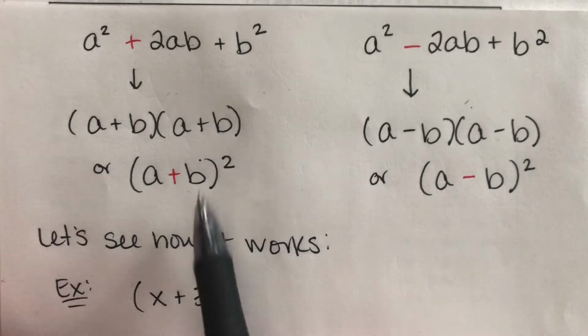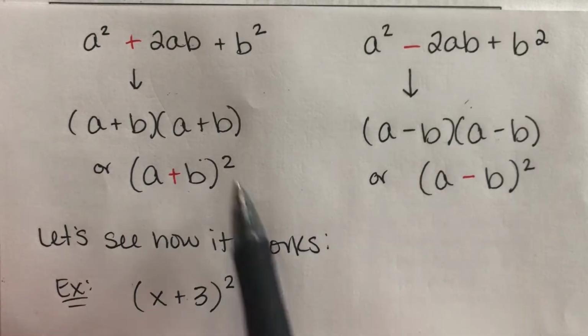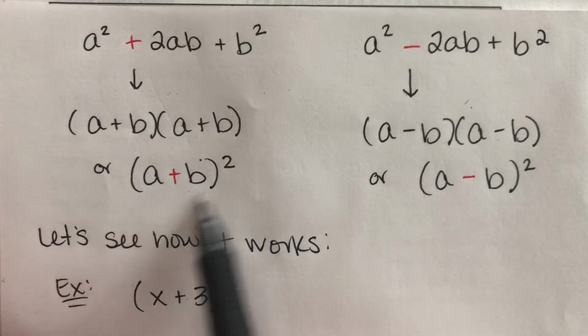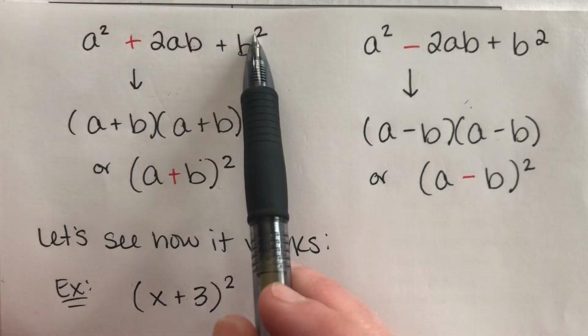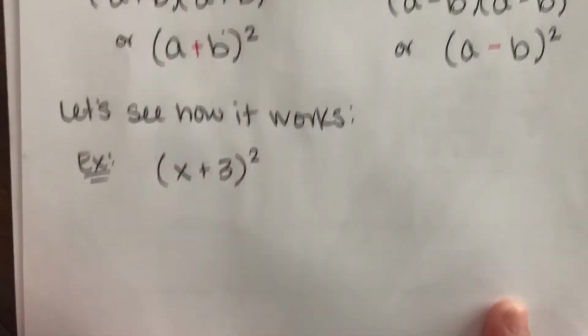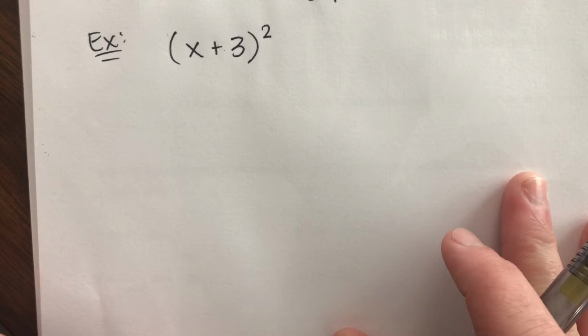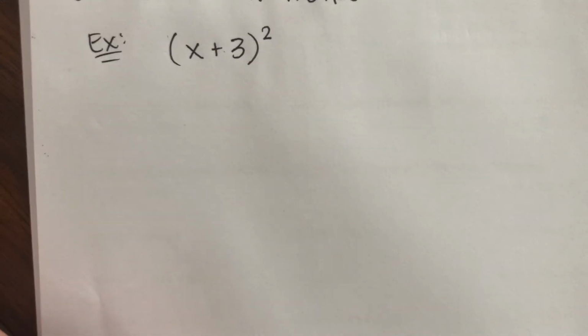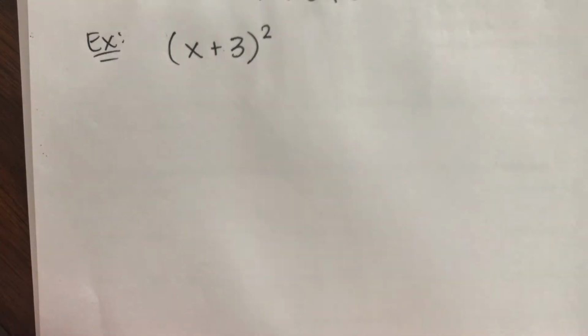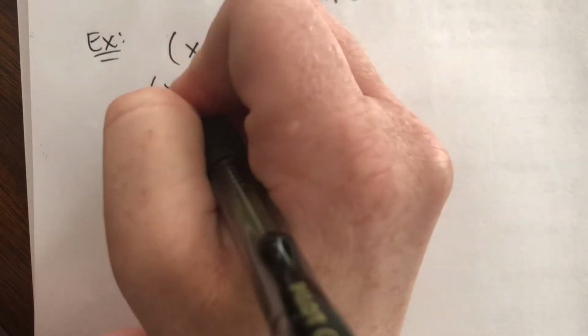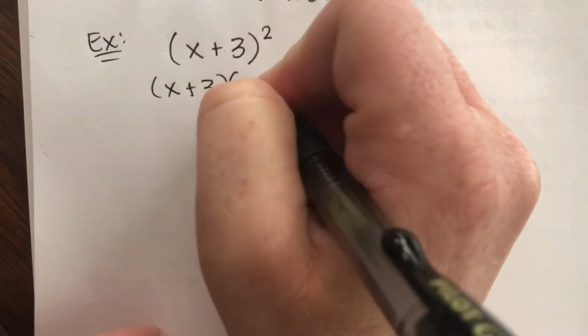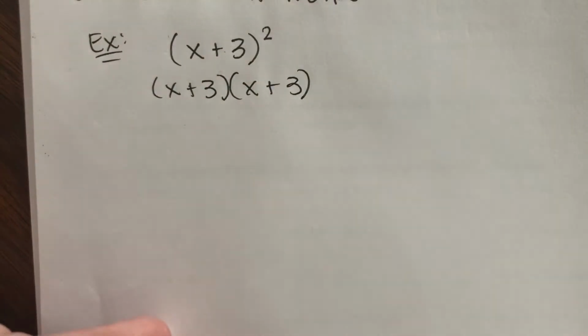All right, so now I'm going to give you an actual example. We're going to start with this and we're going to multiply it out to get the trinomial, okay? And once we can see how we get the trinomial, hopefully it'll make more sense when you factor it and go backwards. All right, so this is the same as x plus 3 times x plus 3, right? So we can just distribute like we normally do.